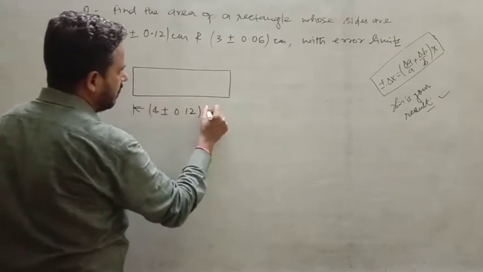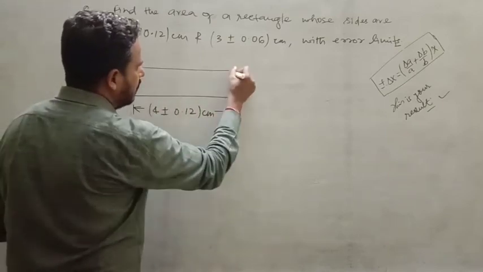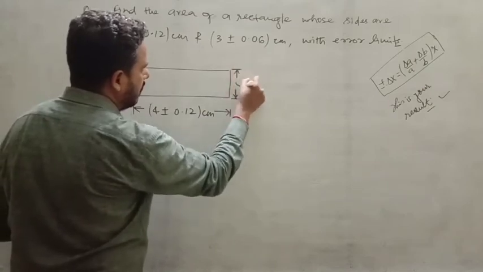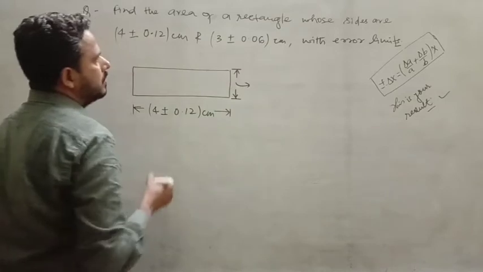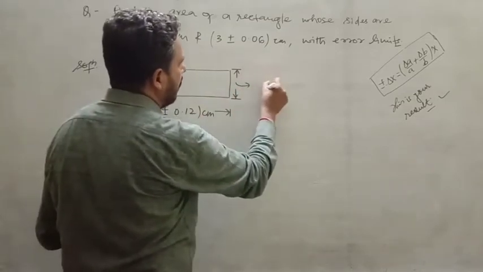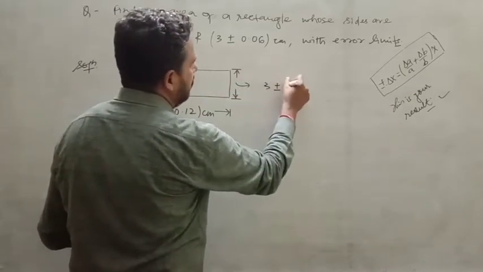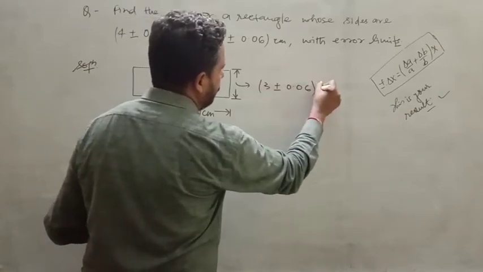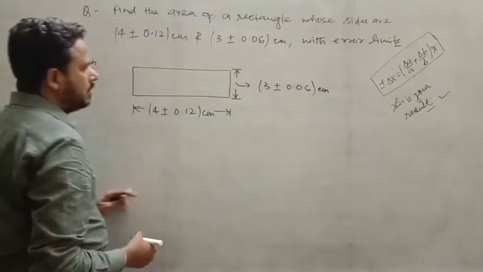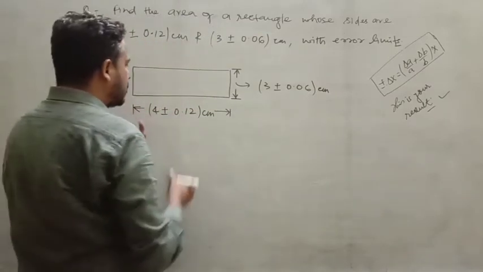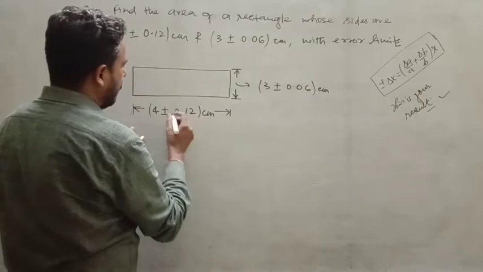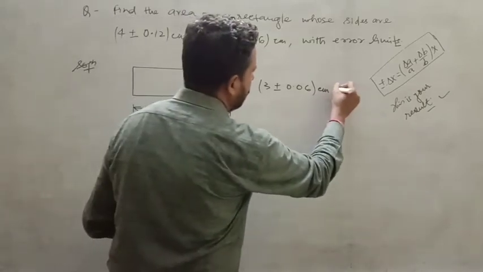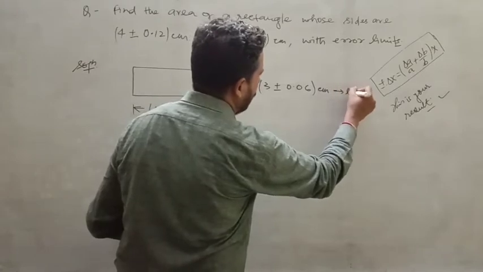And this one is also given, this one is 3 plus minus 0.06 centimeter. So just suppose that this one is length L1 and this one is width L2.